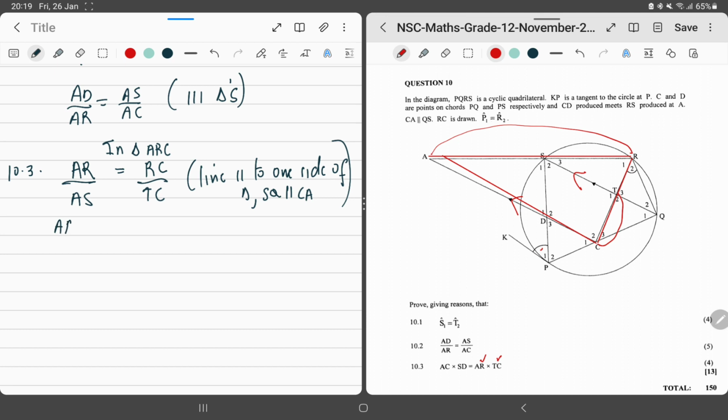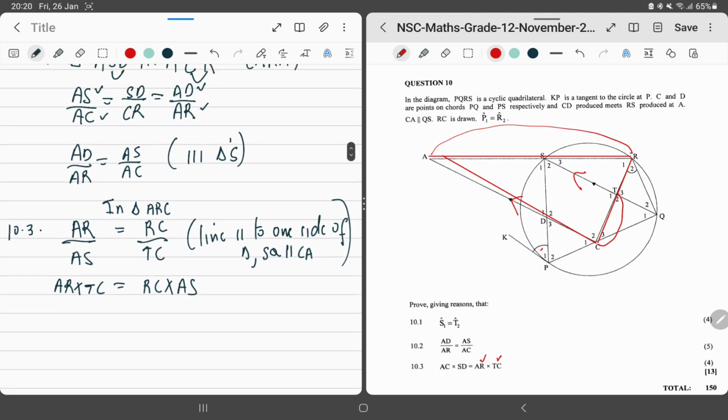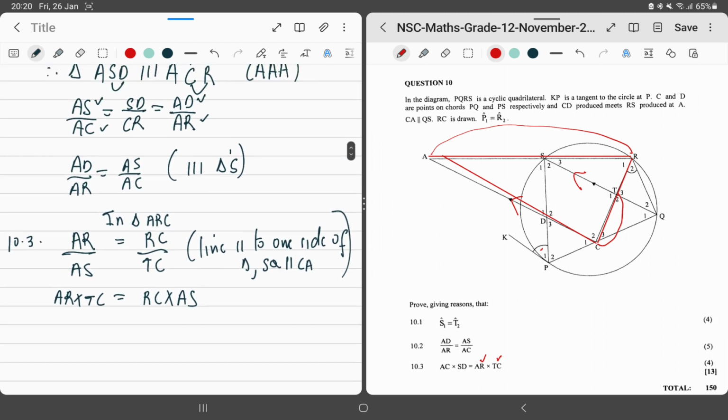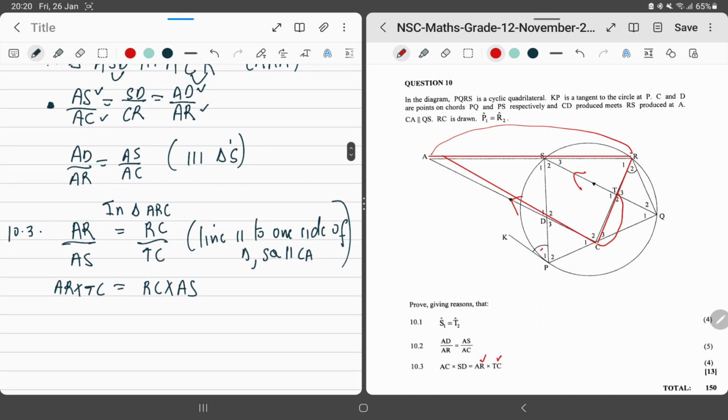AR times TC is equals to RC times AS. Don't forget that we still have this ratio. So we want to remove RC and then AS.